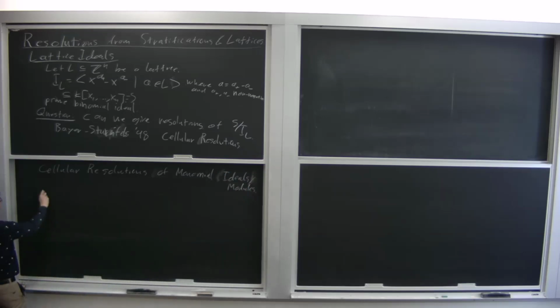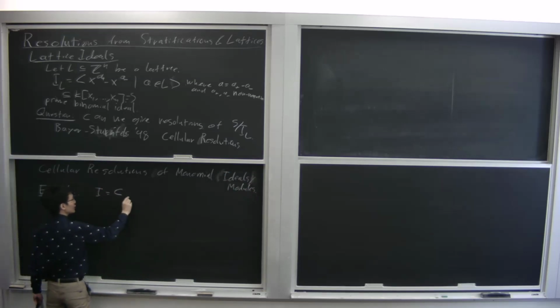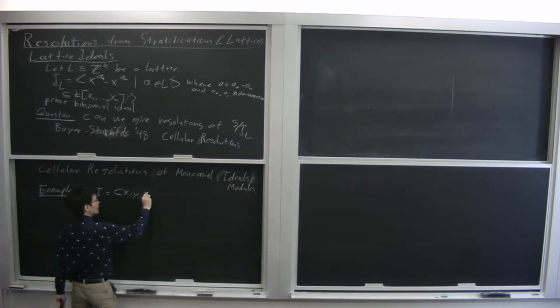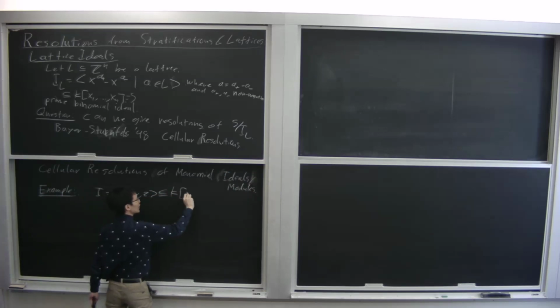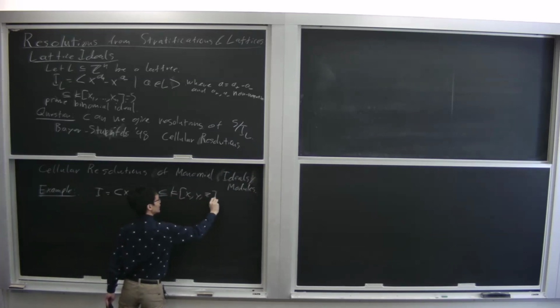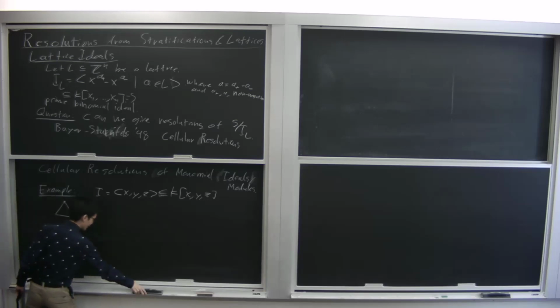And so the canonical example, and it's best just to illustrate this with an example, because defining it carefully takes a little bit of effort, is if I take the ideal (x, y, z) inside of k[x, y, z]. And then I want to resolve this, and I draw this picture where I have a triangle.